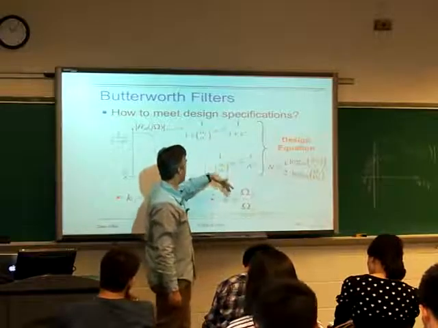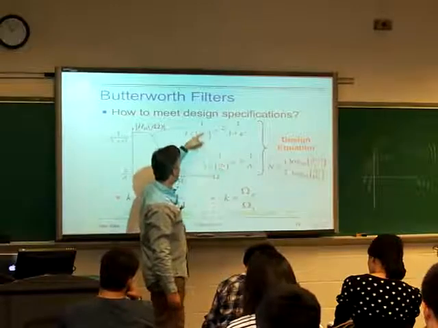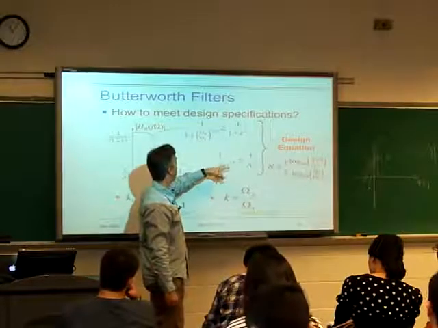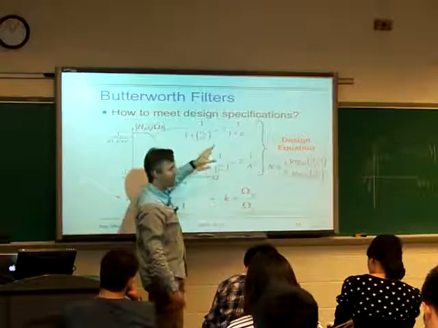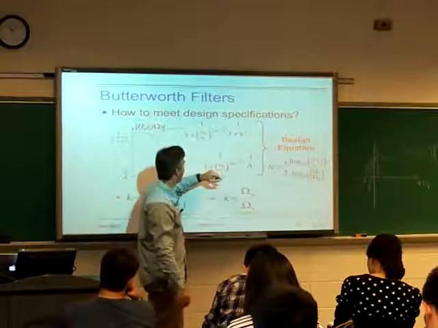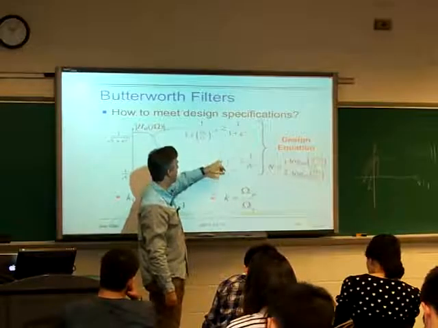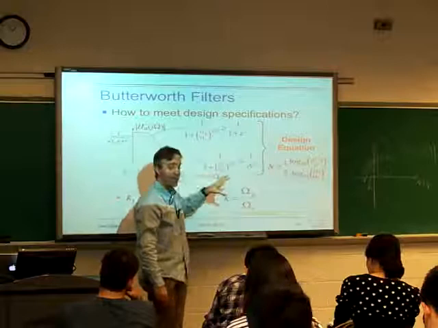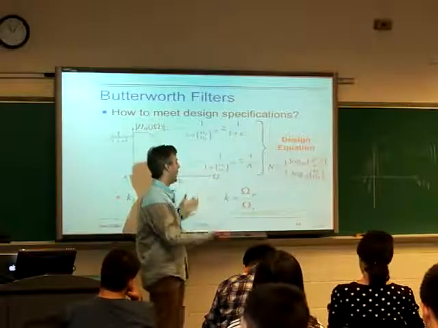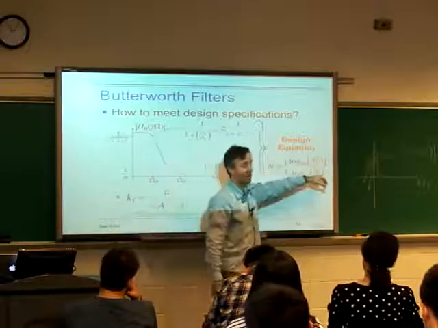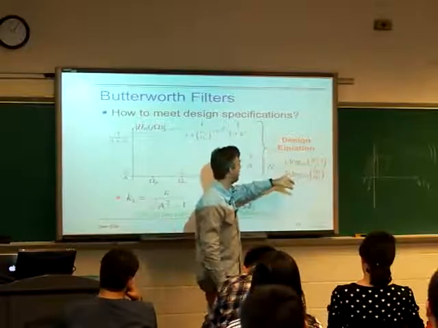Then you divide those two, and you get omega s on omega p to the 2n is less than, the inequalities mean the division still works, you can still get it as an inequality, a squared minus 1 on epsilon squared. And then to get n out, you take the log of both sides, and you can divide through, and you get this expression for n. I didn't do that, but you can see that's going to work.